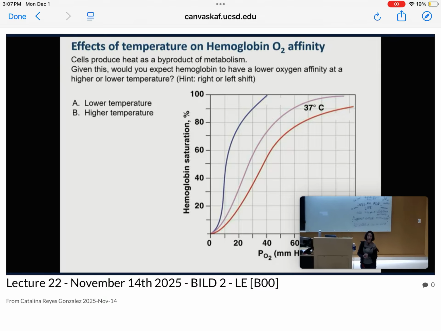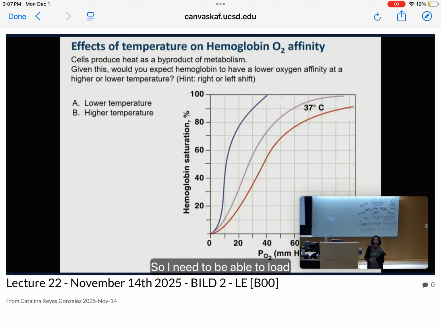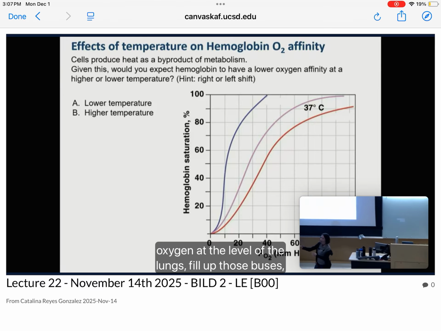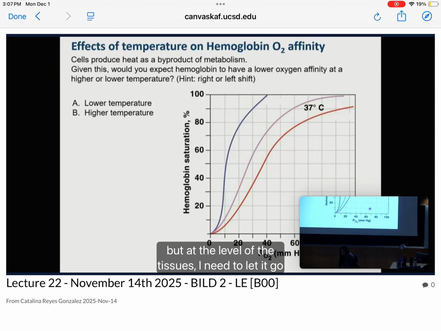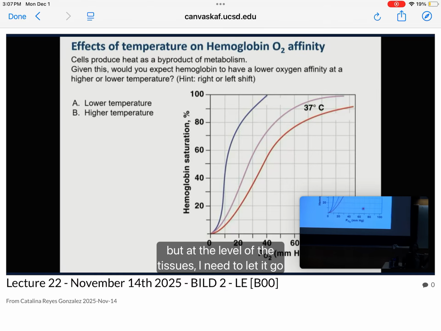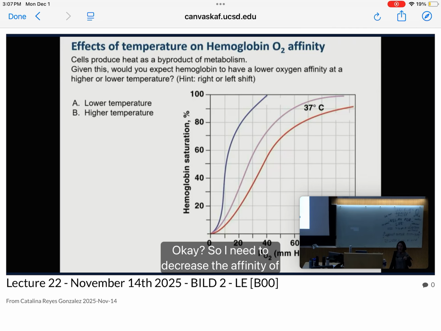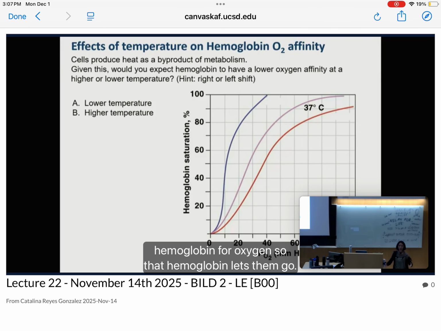Does that make sense? So I need to be able to load oxygen at the level of the lungs, fill up those buses, but at the level of the tissues, I need to let it go and unload them. Okay? So I need to decrease the affinity of hemoglobin for oxygen so that hemoglobin lets them go.